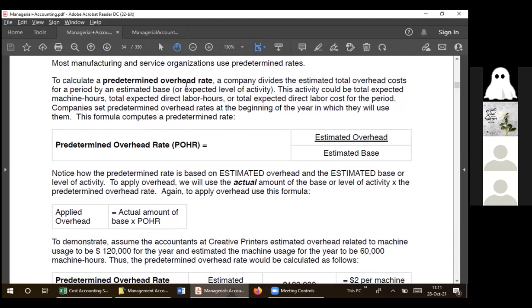To calculate the predetermined overhead rate, a company divides the estimated total overhead cost for a period by an estimated base or expected level of activity. This activity could be total expected machine hours, total expected direct labor hours, or total expected direct labor cost for the period.